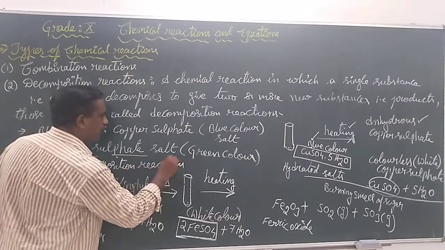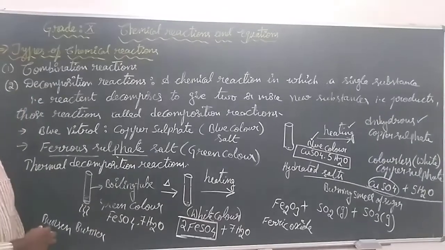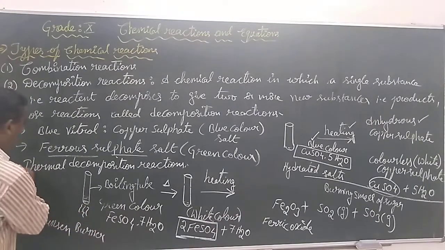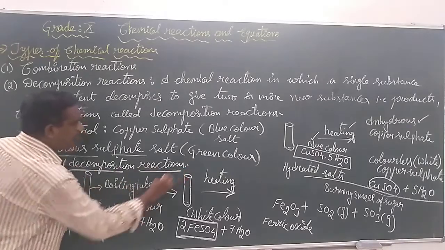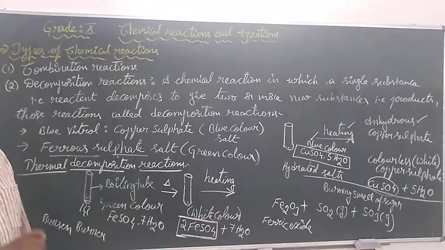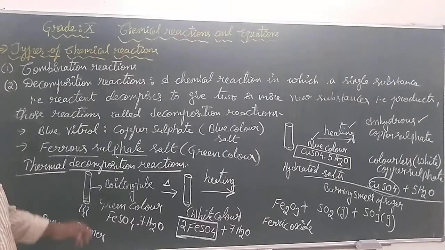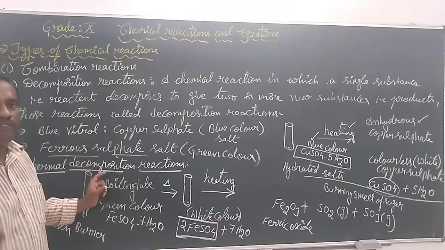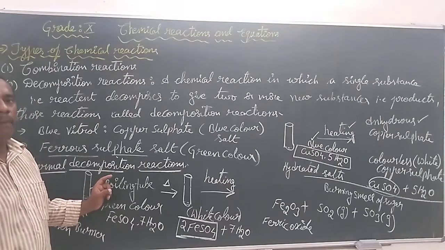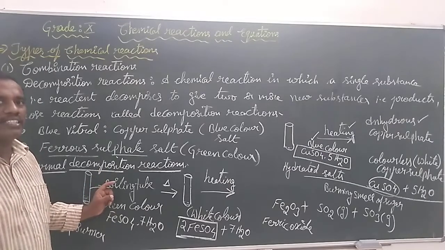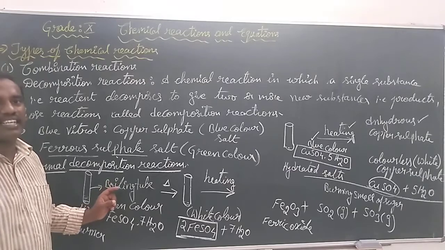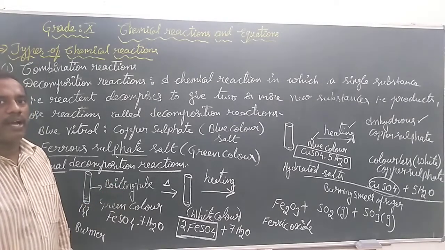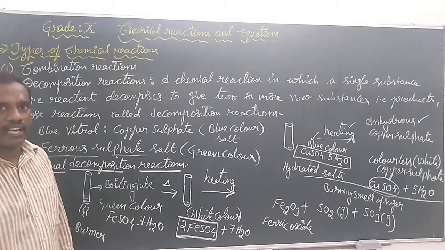Like the burner in your home, the gas burner, there will be a Bunsen burner in the lab. Those we call thermal decomposition reactions. Basically, decomposition reactions are of 3 types: the decomposition that takes place by giving heat with the help of a burner, the decomposition reaction that takes place by supplying electricity, and the decomposition reaction that takes place by heating in the presence of sunlight.